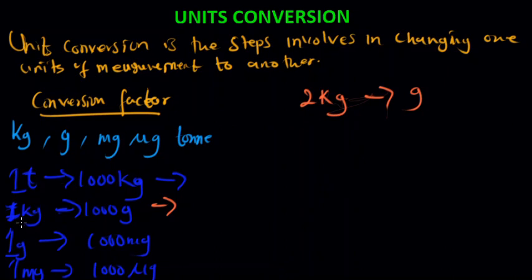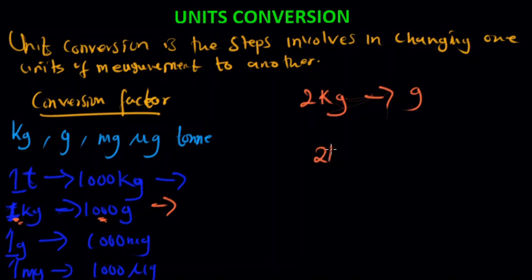So 1 kilogram is equal to 1000 grams. So if 1 kilogram is 1000 grams, 2 kilogram will give us what? So we'll have 2 times 1000. Let me write it well.